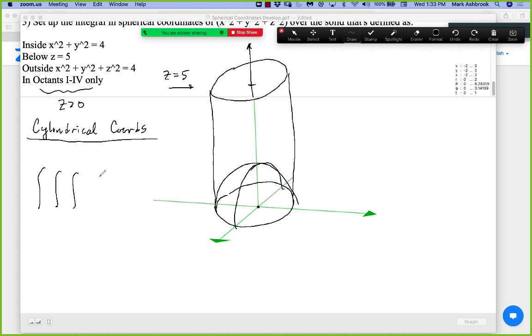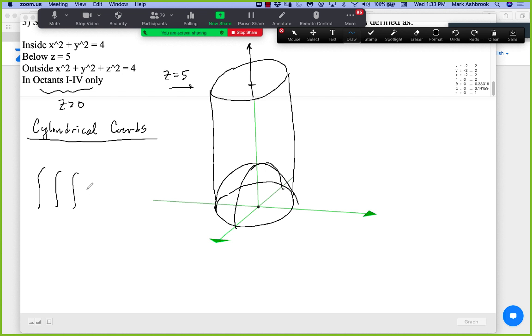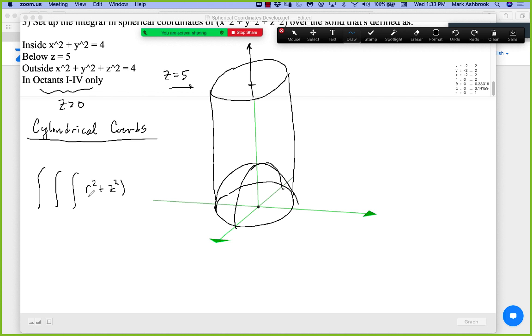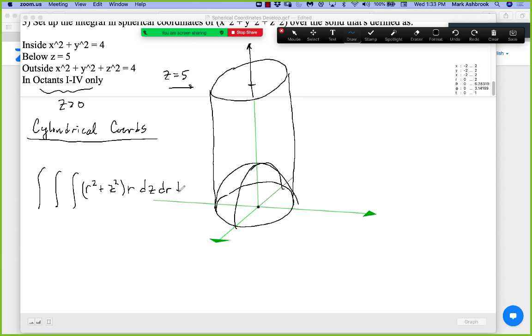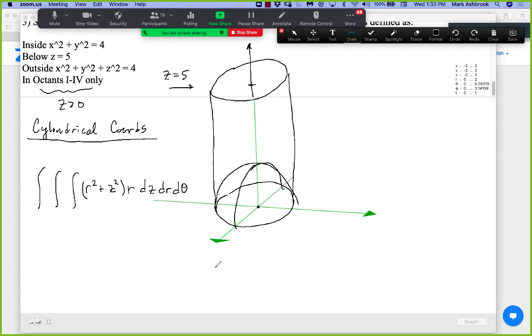X squared plus y squared is r squared. So we got r squared plus z squared, and we'll have r dz dr d theta. Remember, r comes from the dV, but then when you integrate, you'll multiply times your function. Okay, dz, bottom to top.